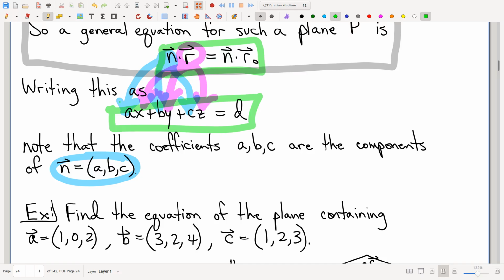Kind of cosmetically similar to the equation of a line in 2 dimensions, as it turns out. How about that? Everybody on board?